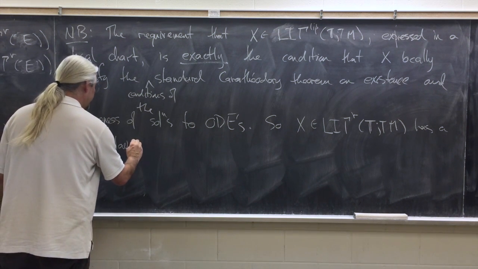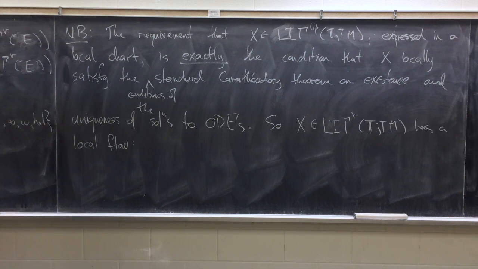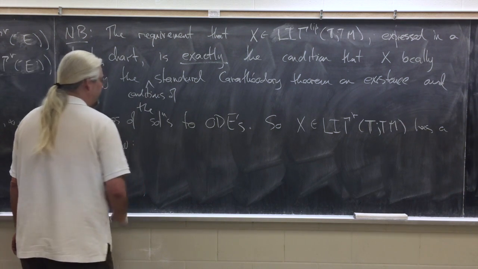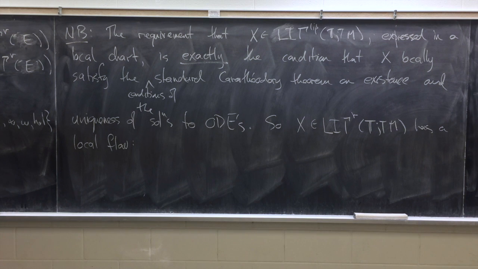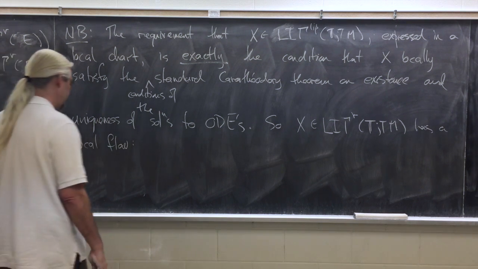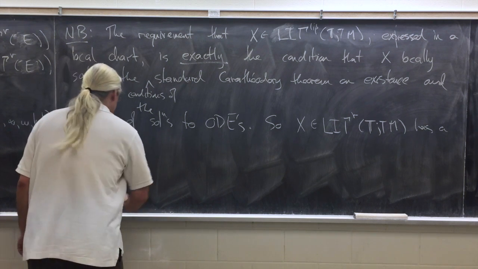What I mean by a local flow is this. I will probably not get this exactly right. There's too much data for me to store it in my memory. So what's a flow?